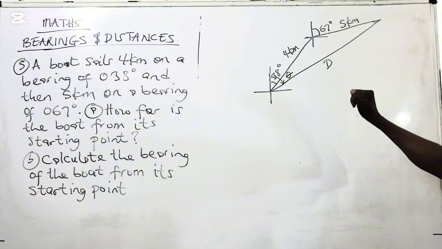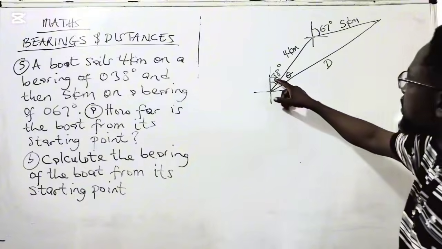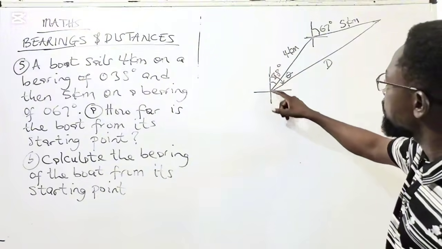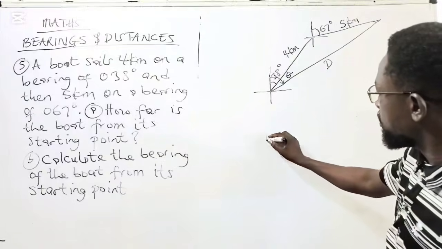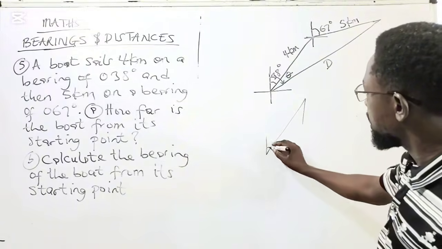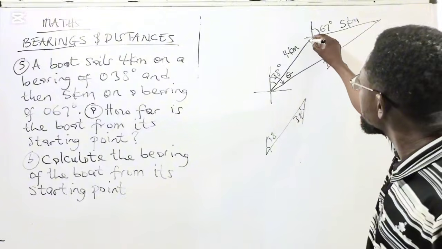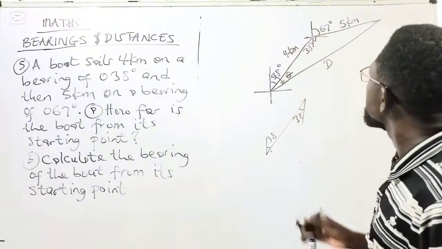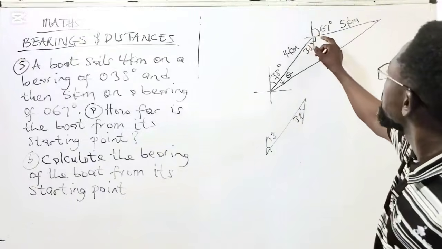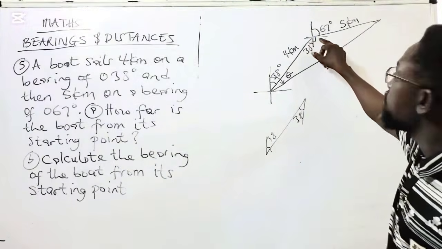What I need to get first is this inner angle. Yes, 38 degrees. What I said previously, alternate angles are equal. That's angles in form of Z. So here is 38, which means this inner part is going to be 38. Here is 90, and then here to this point is also 90 degrees.